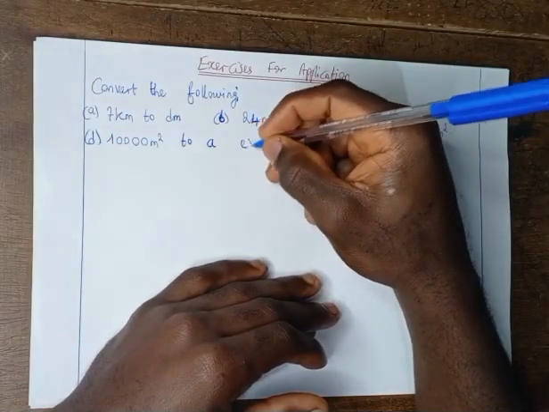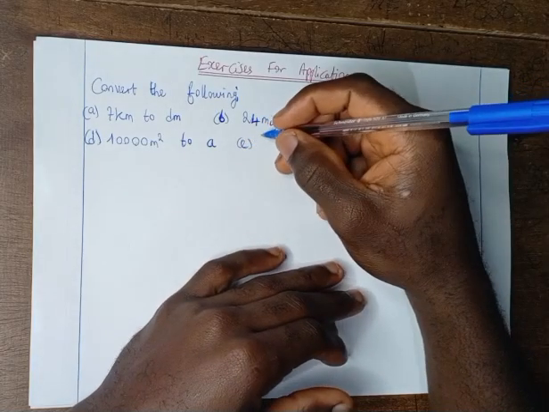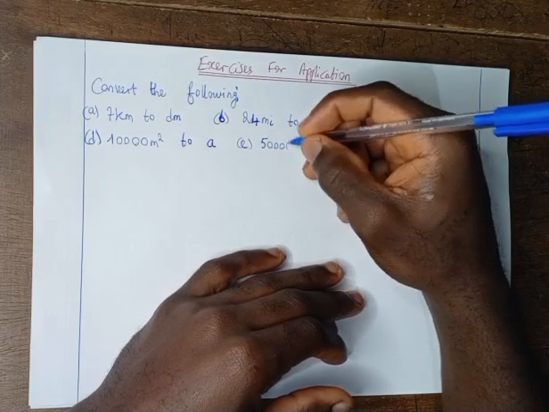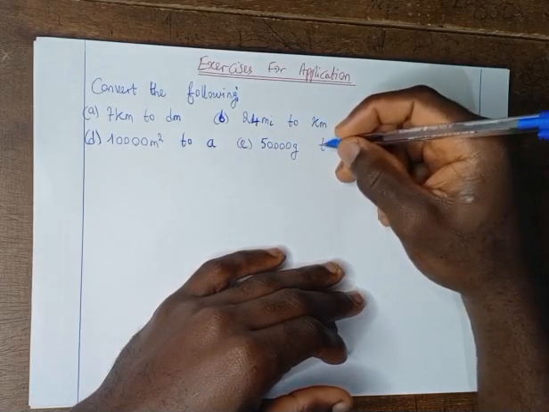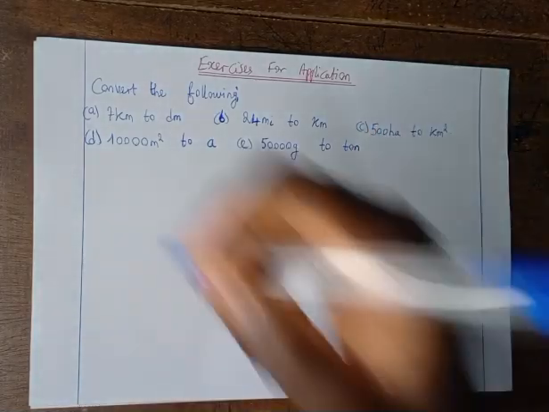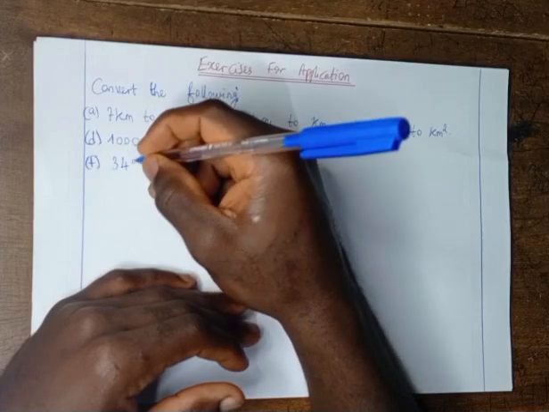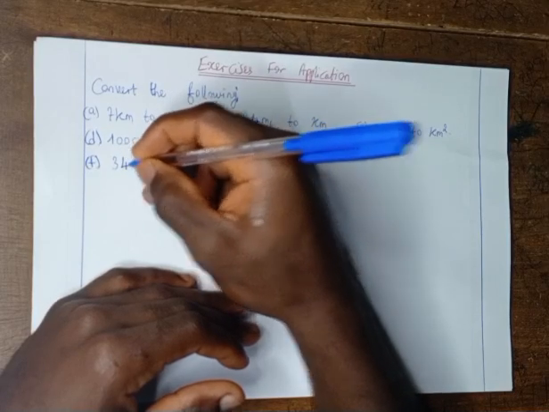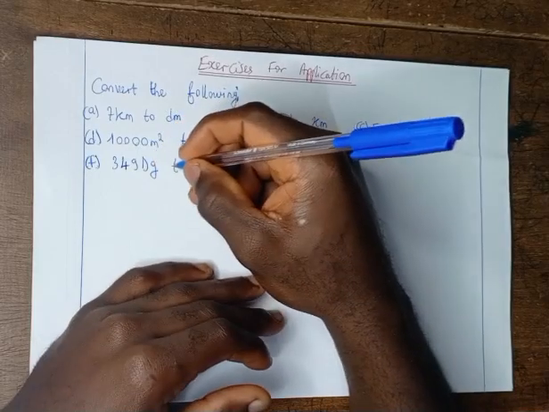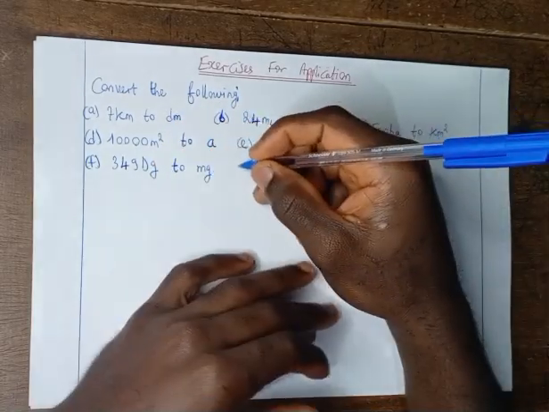We go now to E. E, we have 50,000 grams to tons. F, 349 decagrams to milligrams.